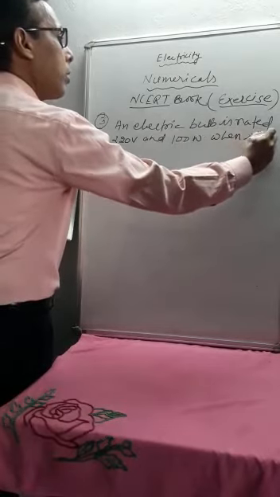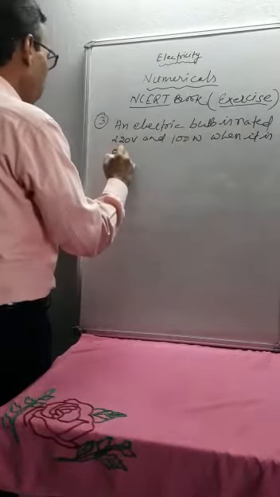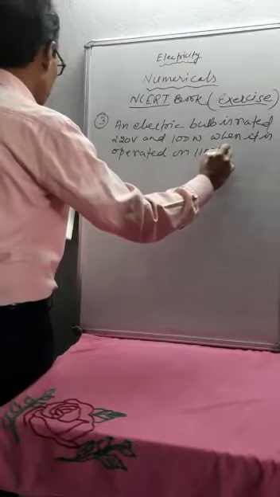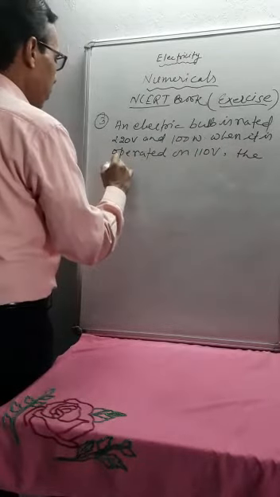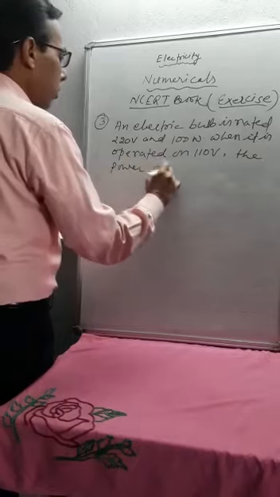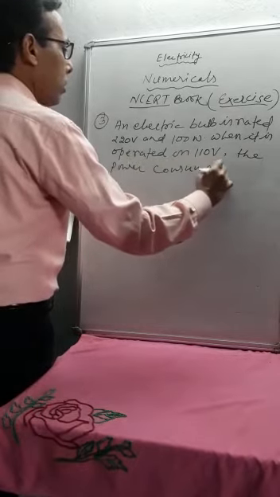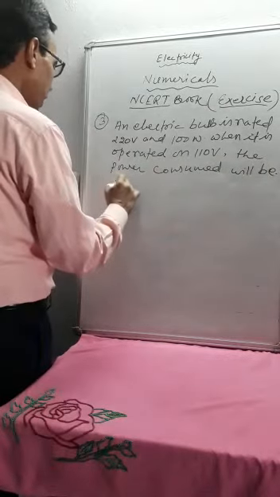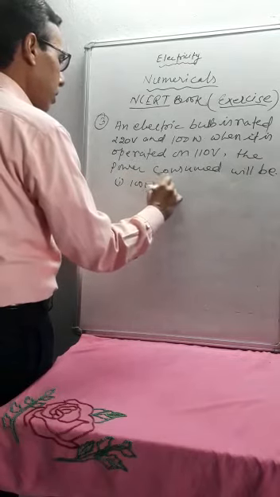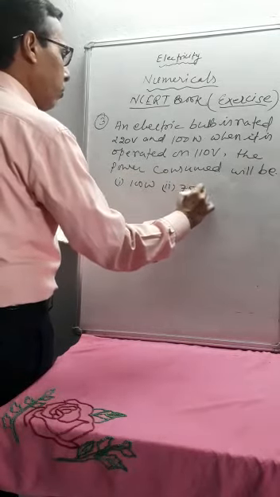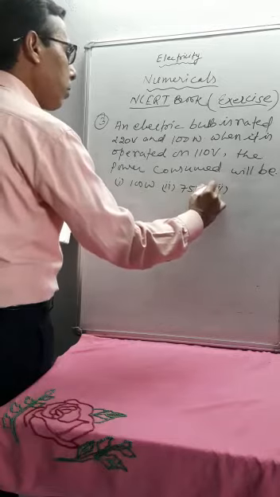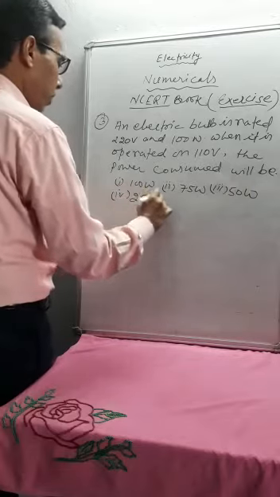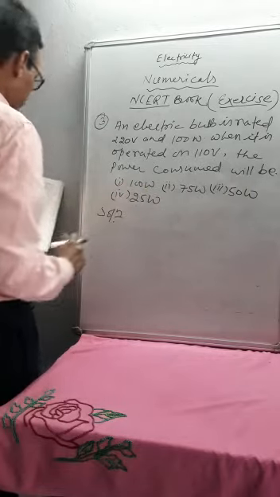When it is operated on 110 volt, the power consumed will be? There are 4 options given: 100 watt, 75 watt, 50 watt, and 25 watt. How would you solve this question?